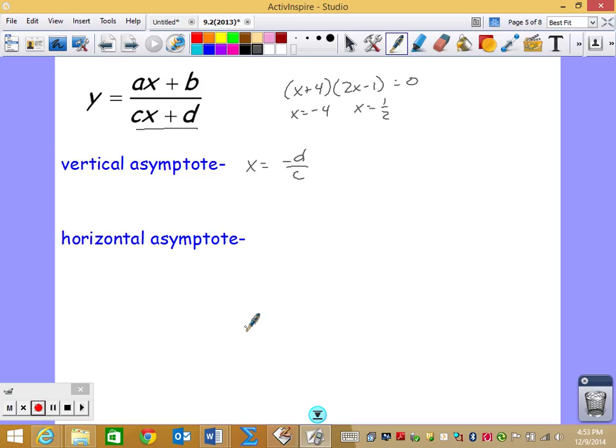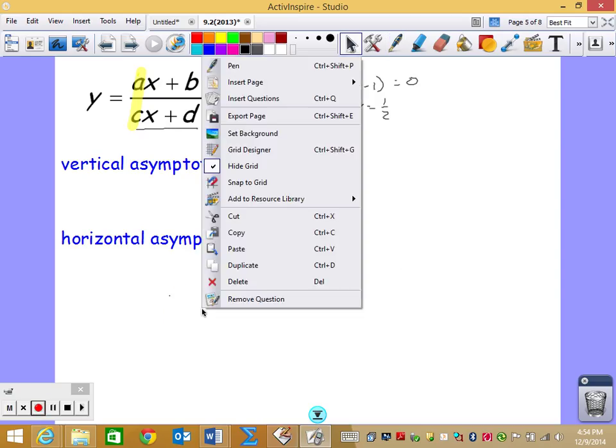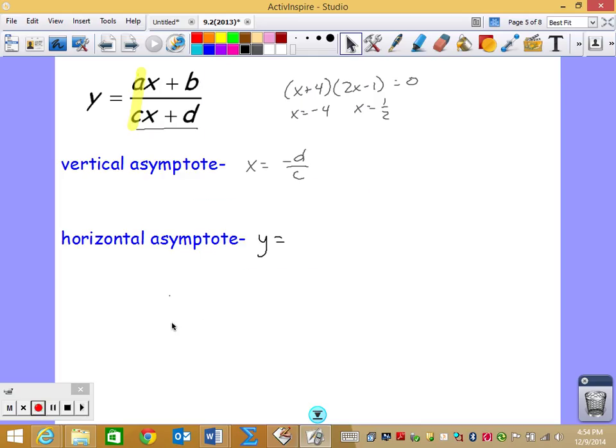The horizontal asymptote is easier math. You just look at the coefficients. It's the coefficients on the x's. So this one, my horizontal is y equals... Let's try that again.